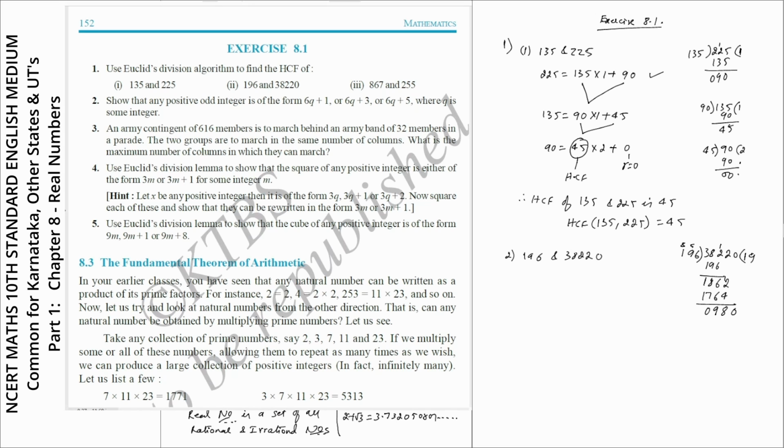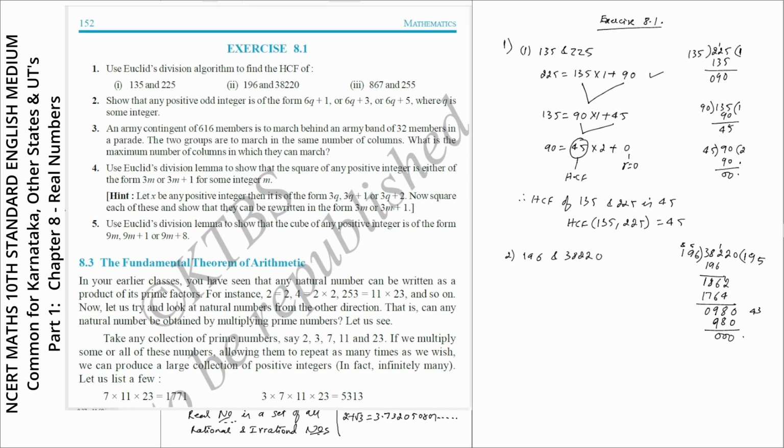So 980. Now if I multiply by 5, 5 6s are 30, 5 9s are 45, 46, 47, 48. Then 5 1s are 5. So 980 I'll get.